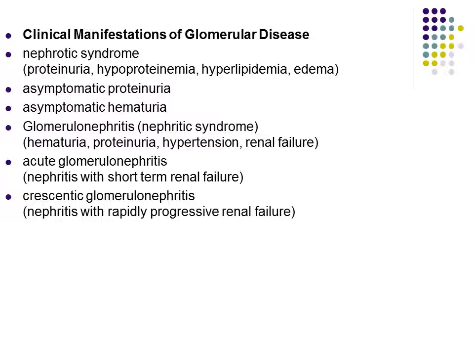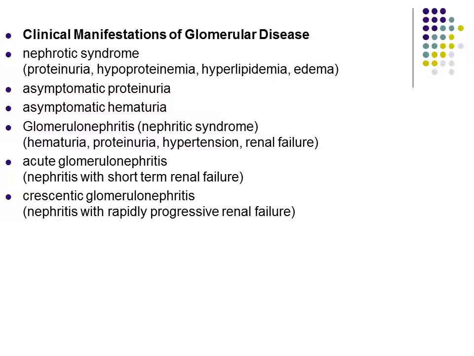Alongside, there is also production of lipoproteins. So there is hyperlipidemia and lipiduria, and the patient has edema. It generally starts around the eyelids and later can present with anasarca, that is generalized edema. There could be asymptomatic proteinuria or asymptomatic hematuria.